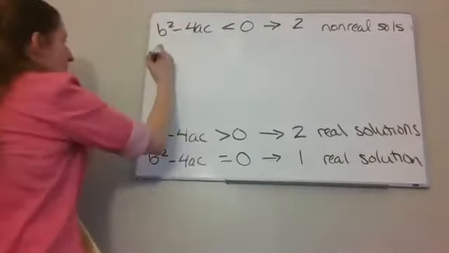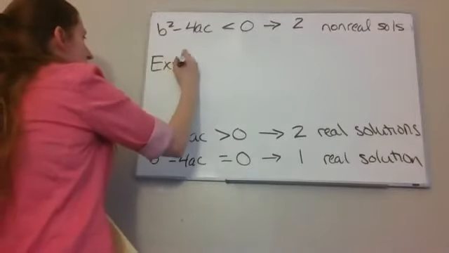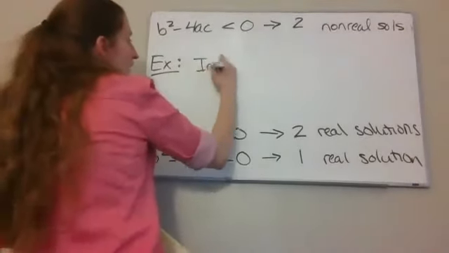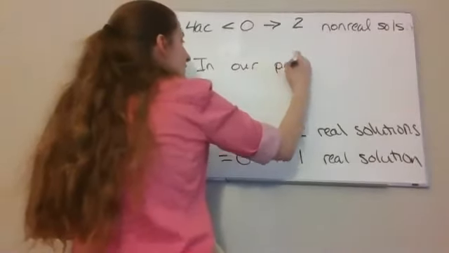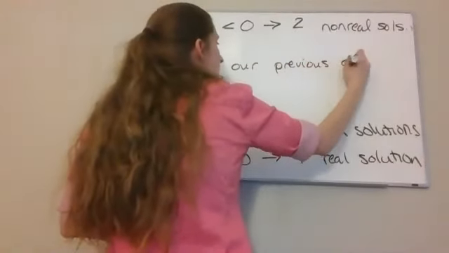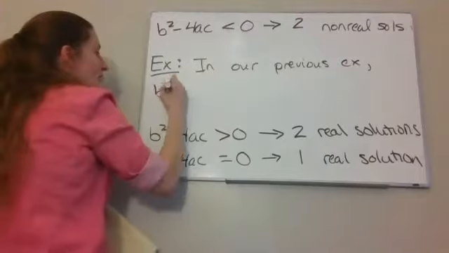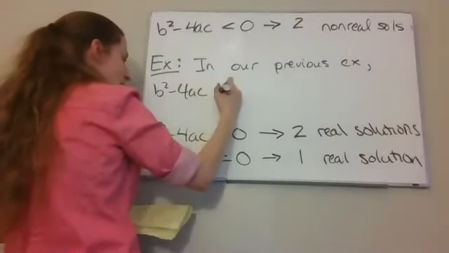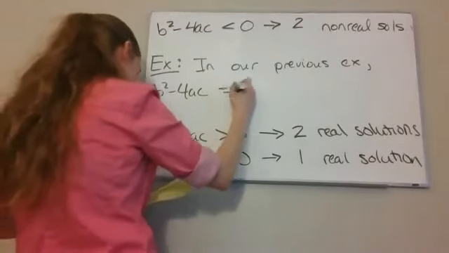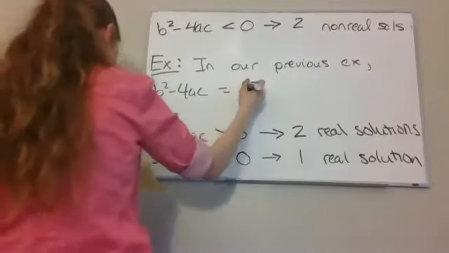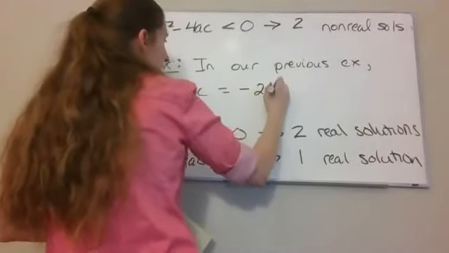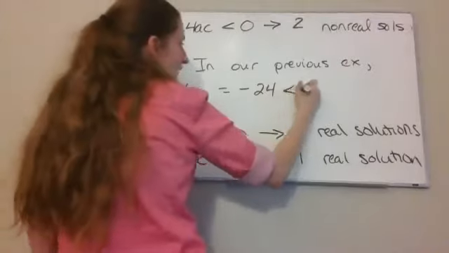So for example, in our previous example, our b squared minus 4ac ended up equaling negative, what was it, negative 24, which is less than 0.